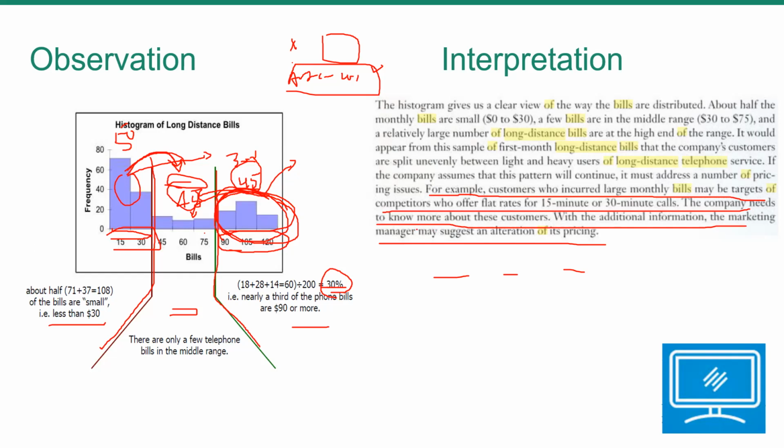So the company needs to know more about these customers, and with additional information, the marketing manager may suggest an alteration of its pricing so that their bill is reduced and they stick with this company for long. That's where domain knowledge, business knowledge, is also important.